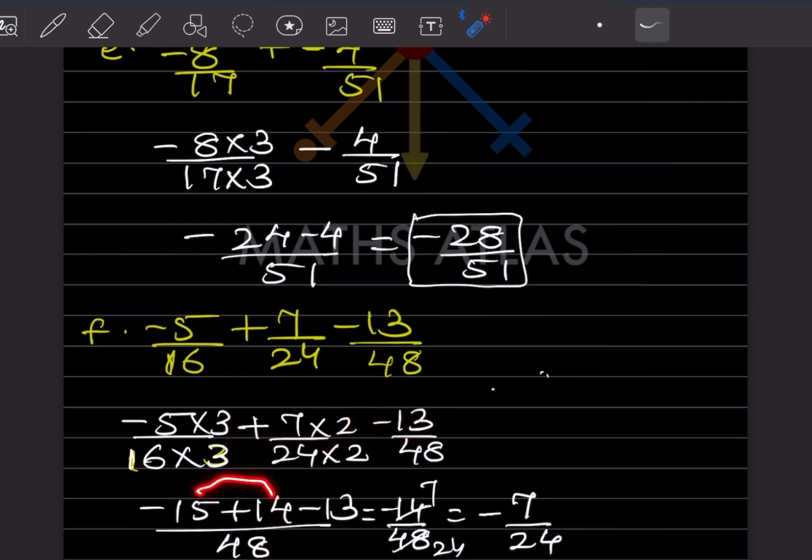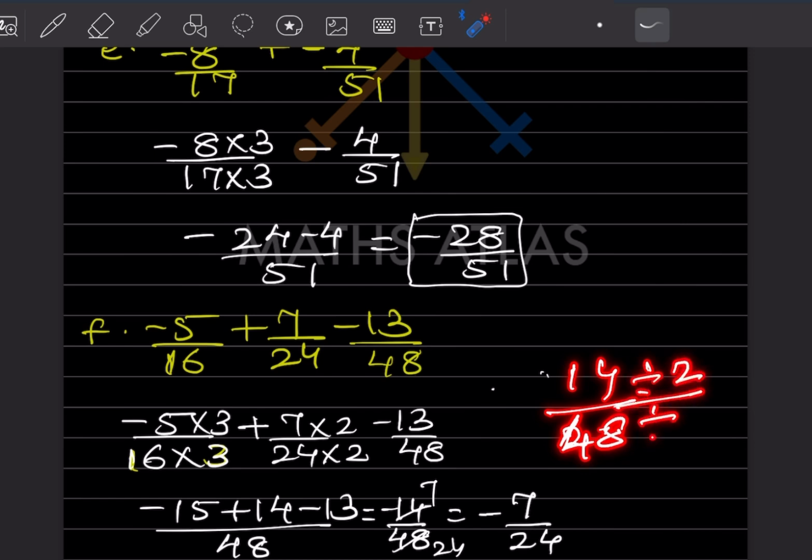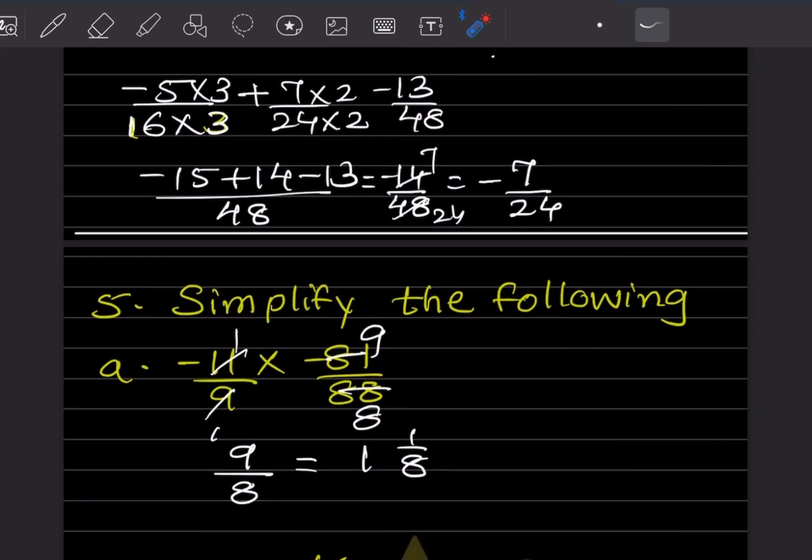So what will be this one? Minus 15 plus 14 means minus 1. Minus 1 minus 13 means minus 14 by 48. So when you simplify this, 14 by 48, if you are dividing by 2, that will be 7 by 24. But this has a negative sign, so be careful with that one. So it should be negative 7 by 24.